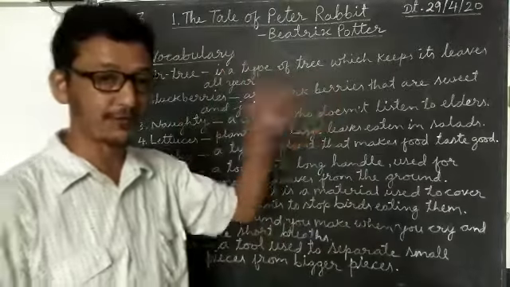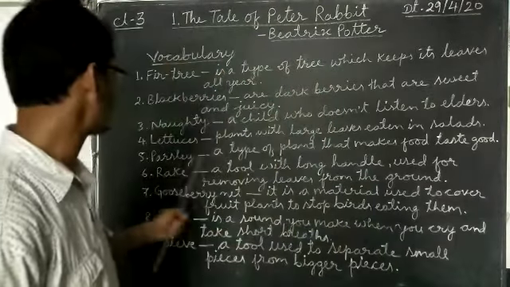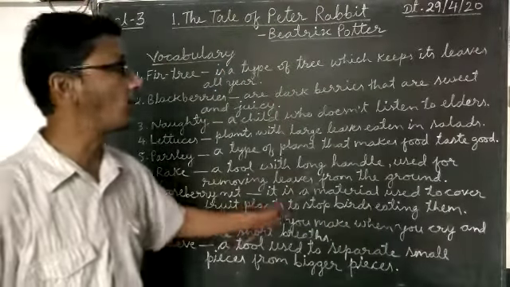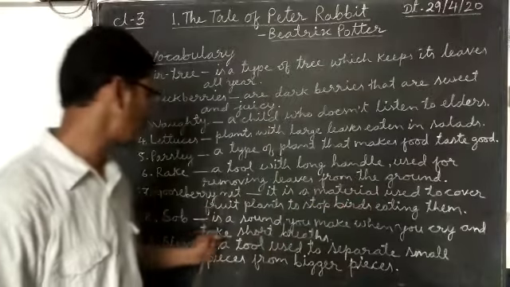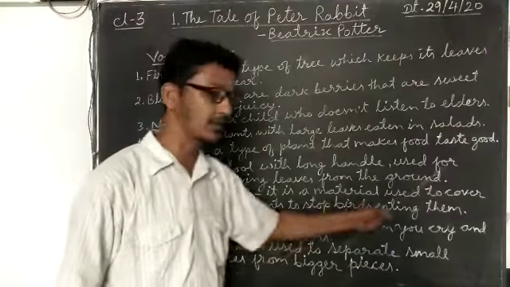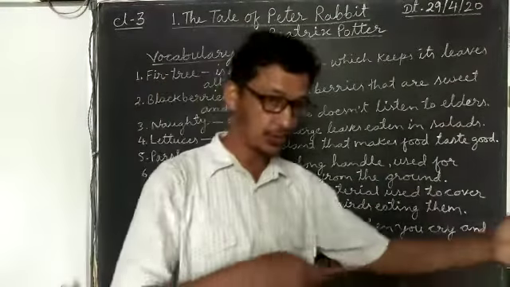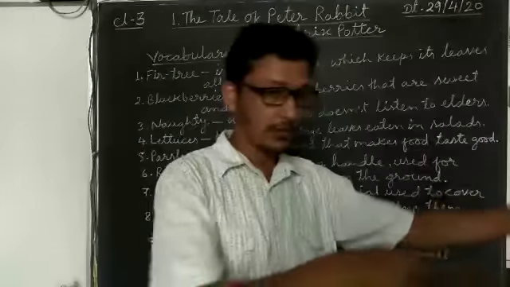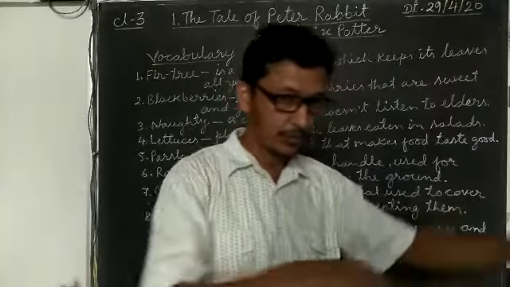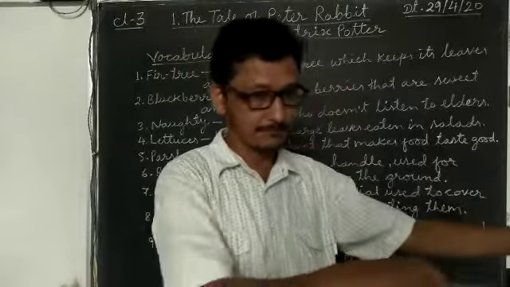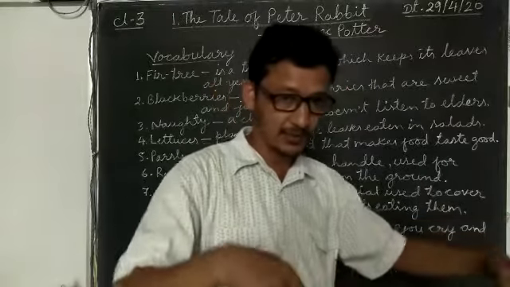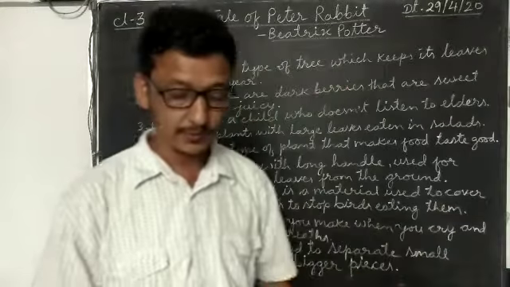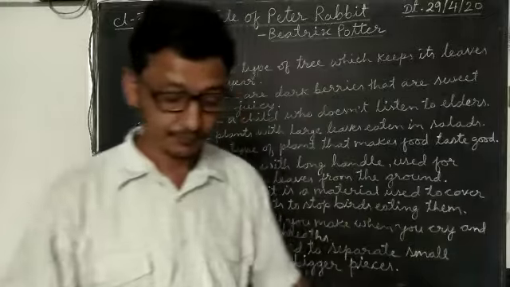So waving a rake. So what is a rake? A tool with a long handle used for removing leaves from the ground. This is a tool generally used by farmers in their fields to pull the leaves or to collect the leaves. So that is called a rake.